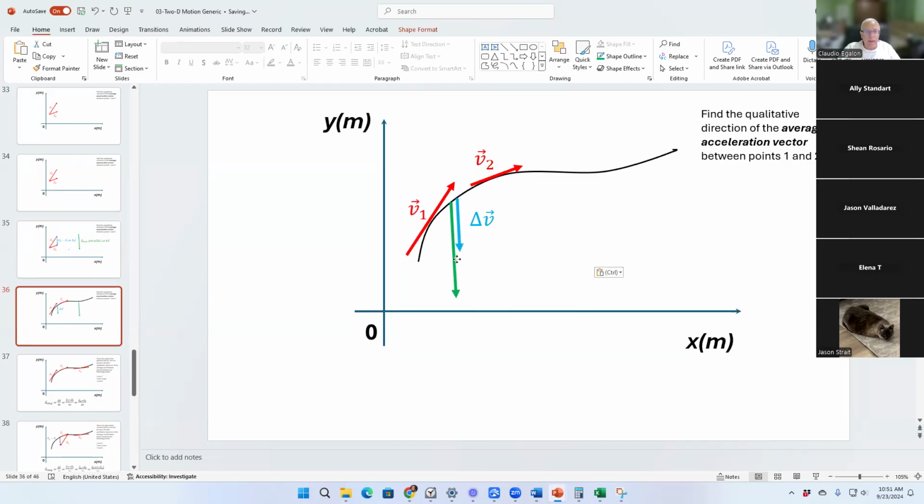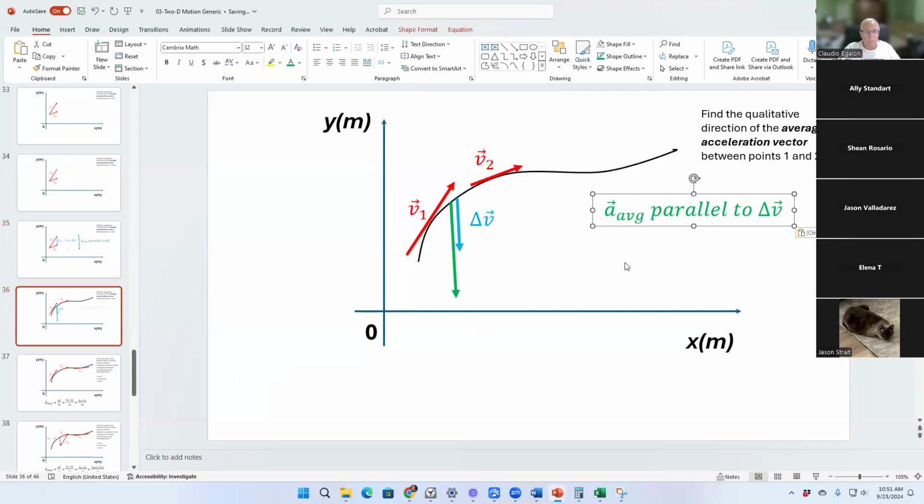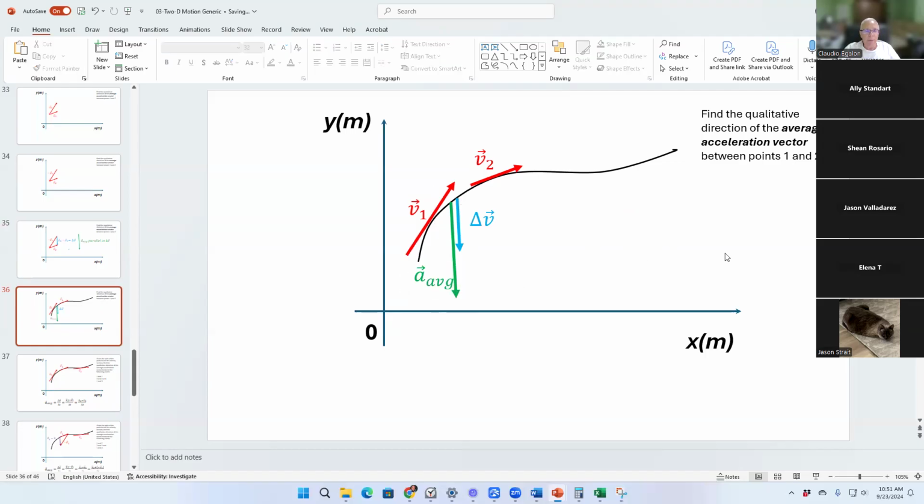Let's place them a little bit displaced side by side. Like that, okay?